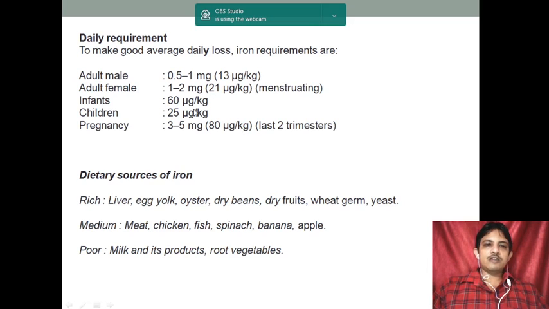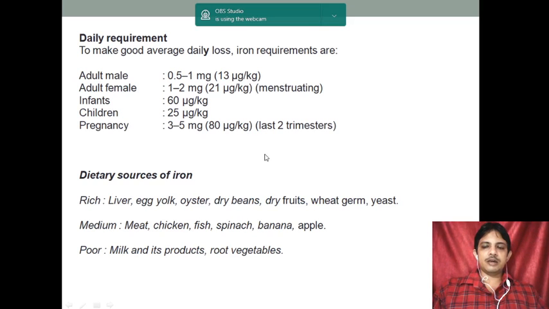Now coming to the daily requirement: in an adult male it is almost 0.5 to 1 mg. In an adult female it is 1 to 2 mg, in the case of menstruation. Infants need 60 microgram per kg, children 25 microgram per kg, and in pregnancy a little more, 3 to 5 mg in the last 2 trimesters.